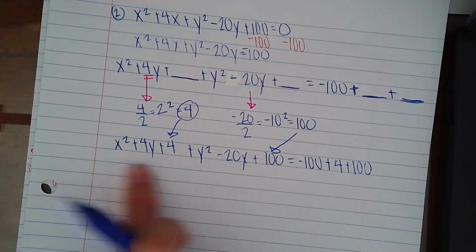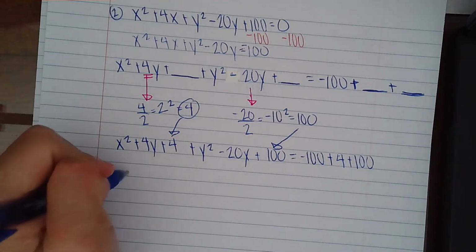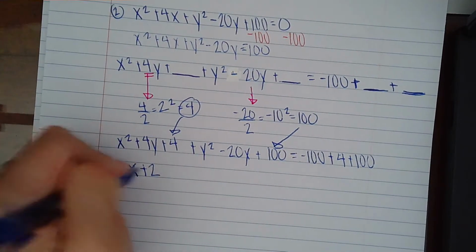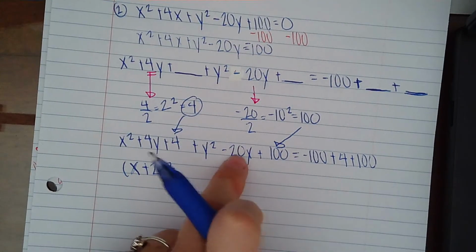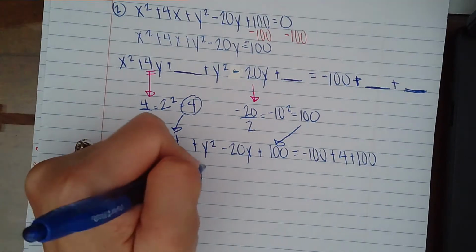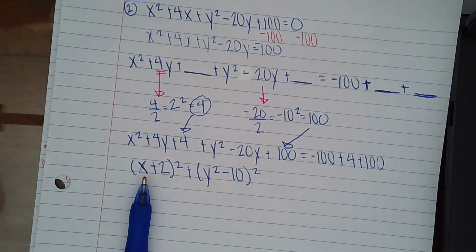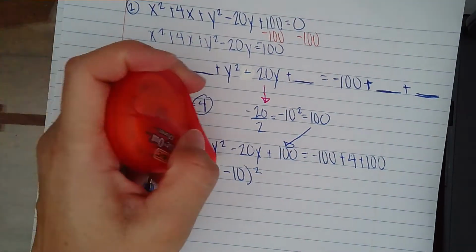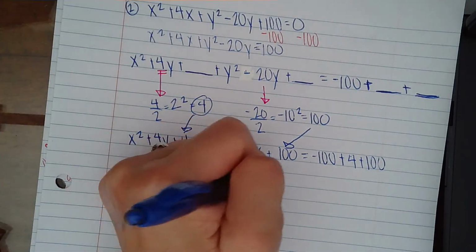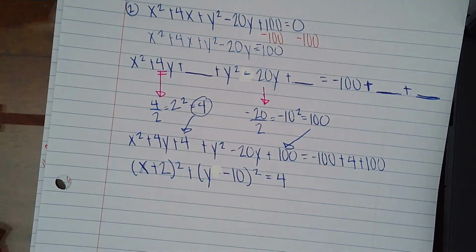Okay, well, now we get to factor, right? So we just take our b term and divide it by 2. So we're going to have x plus 2 squared. Looking at our term here, which is negative 20, so plus y minus 10 squared equals, well, when we combine like terms, the hundreds cancel out and we're left with 4.